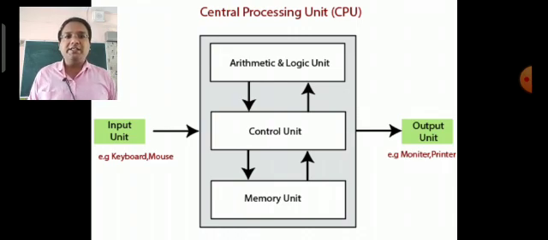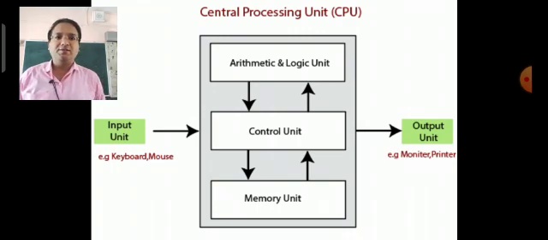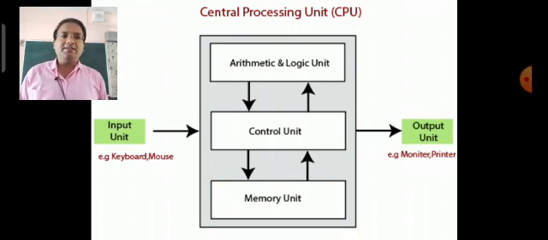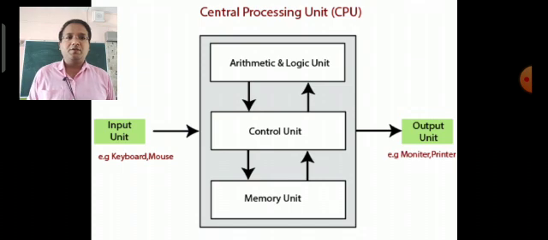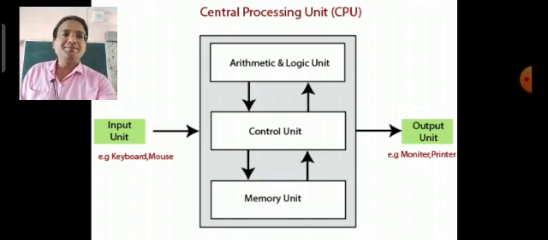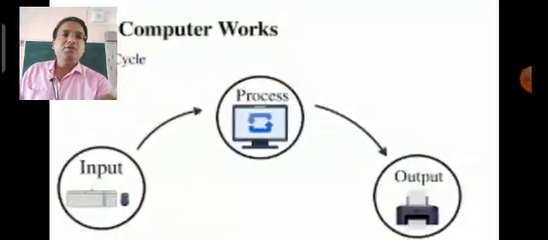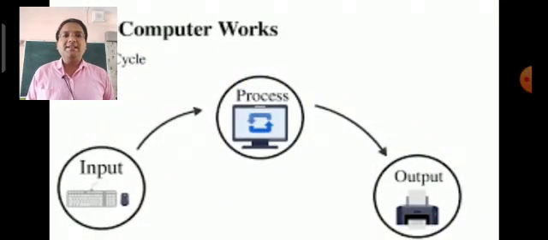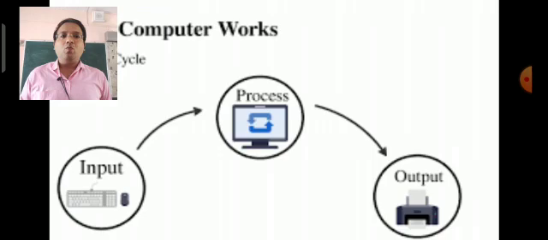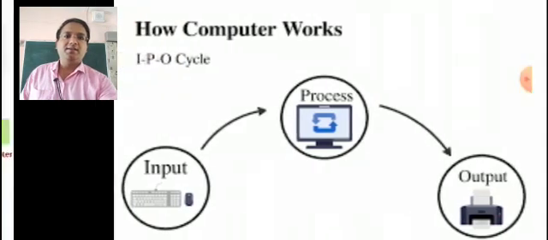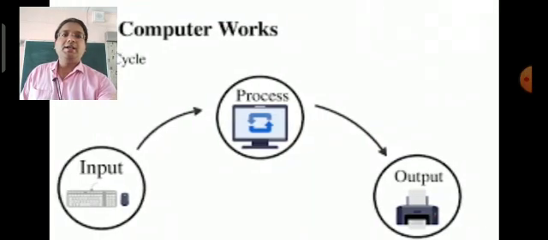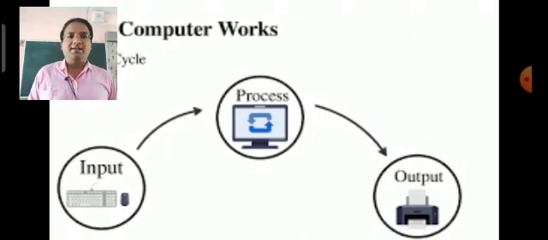And where can you see the output? On the monitor screen. So output devices like monitor or printer. Got it? So we can say that a computer works on the IPO cycle. That means input process output cycle.